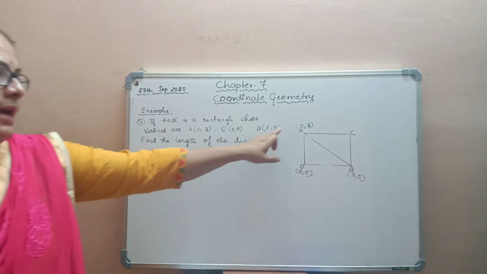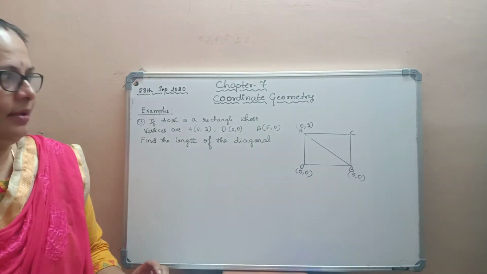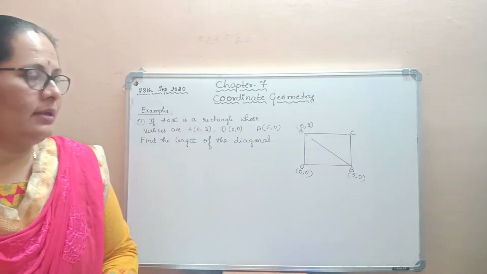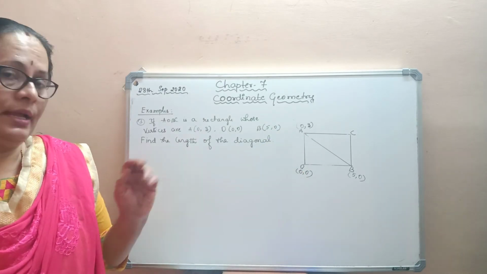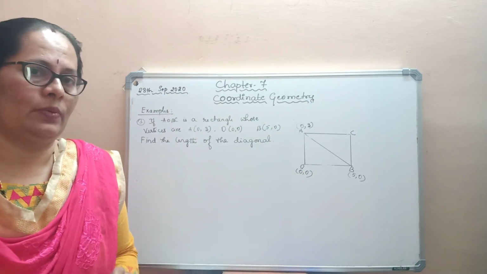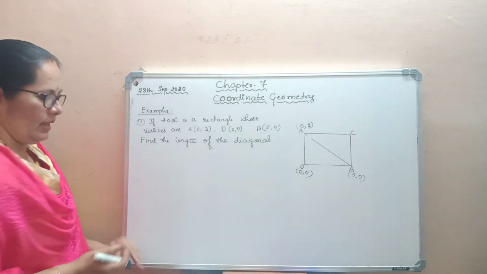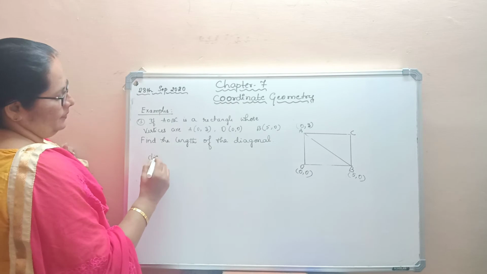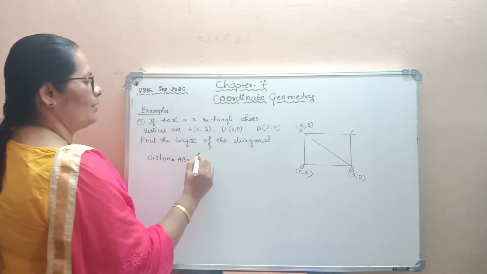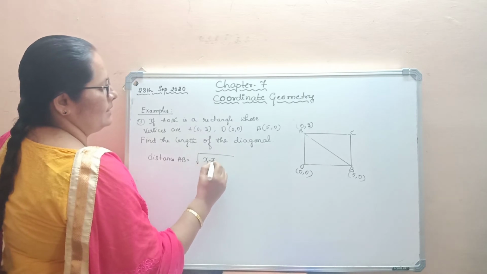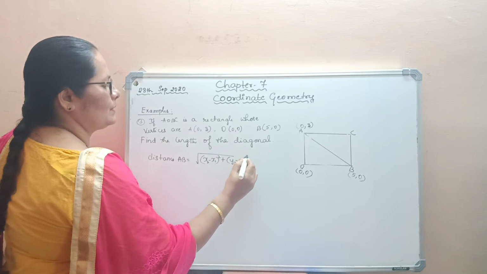The length of the diagonal can be calculated using the distance formula. So what is the distance formula? The distance AB equals root of (x2 minus x1) whole square plus (y2 minus y1) whole square.